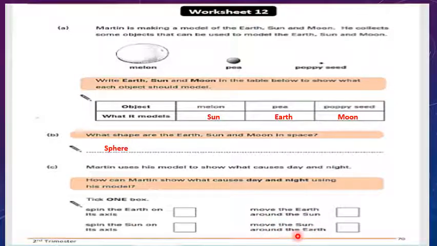We know that the sun doesn't move around the earth, of course, and spinning of the sun will not affect the earth by any means. The moving of the earth around the sun is the four seasons, so the spinning of the earth on its axis is what causes day and night. So this would be the answer.